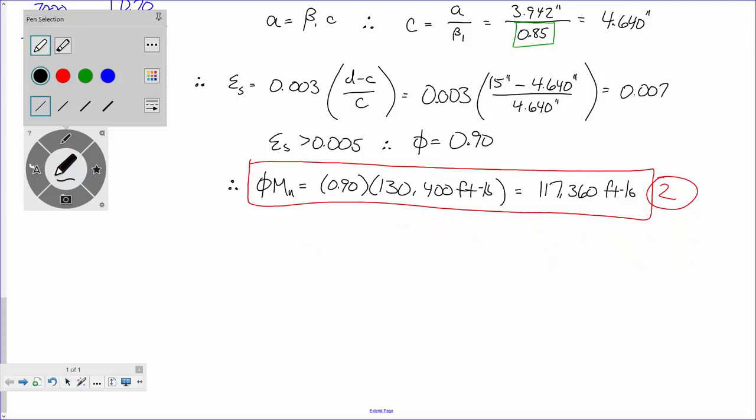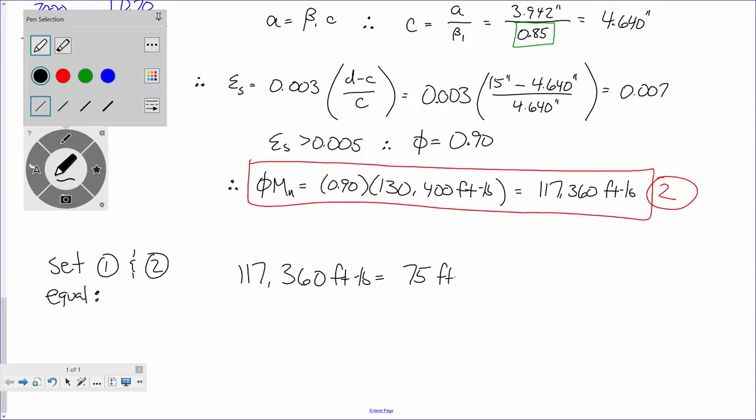So I'll set 1 and 2 equal. 117,360 foot-pounds equals 75 foot-pounds plus PL times 4 feet.